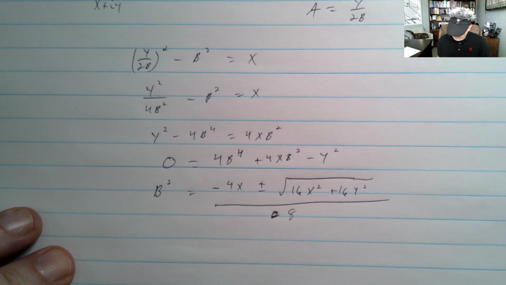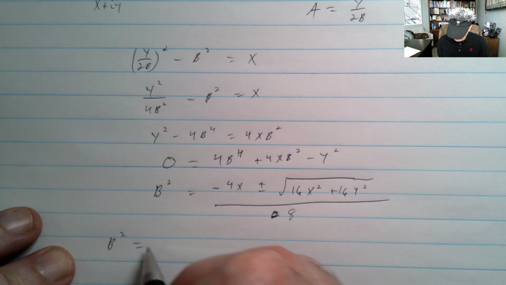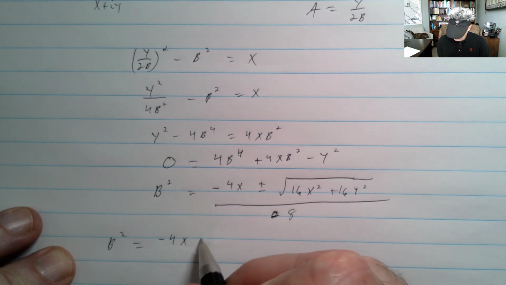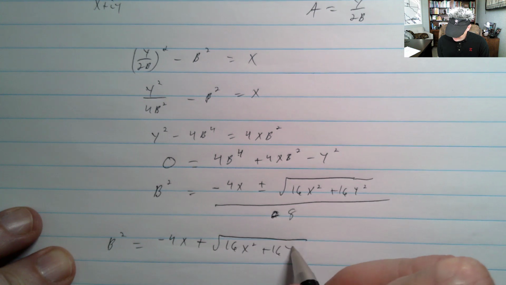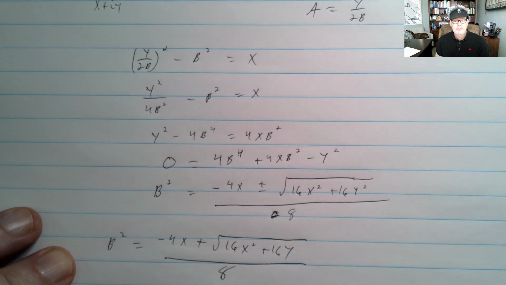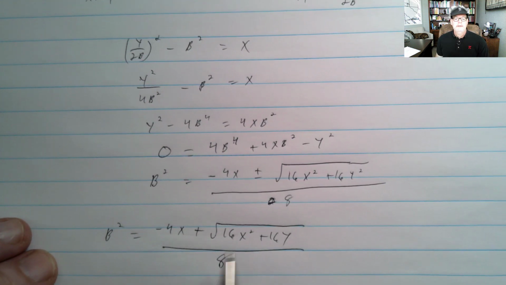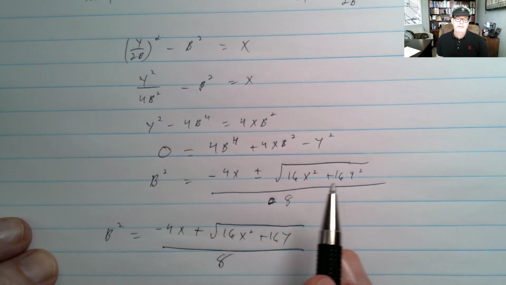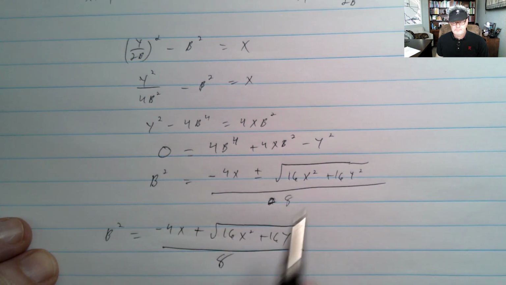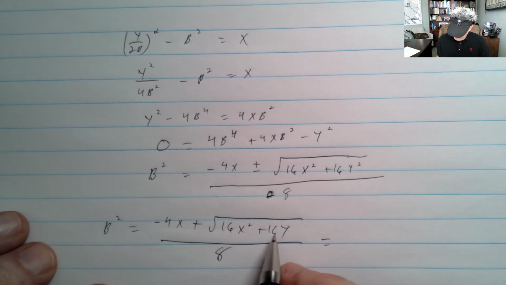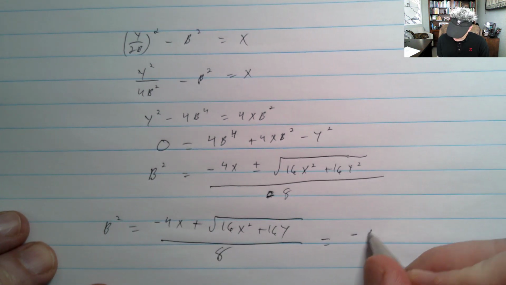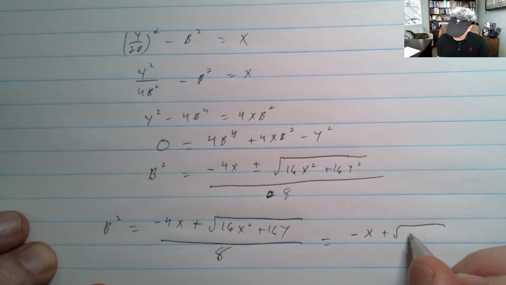Again, b squared's positive, so we have to take the positive root. And I can factor, so I'll do it on the next line here. Because otherwise b squared would be negative if I do the subtraction. Factor out the 4, so that'll be negative x plus the square root of x squared plus y squared all over 2.